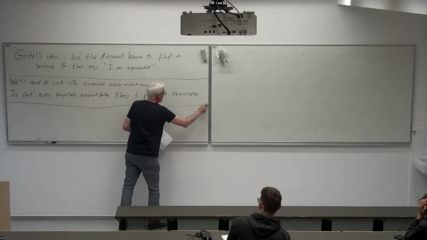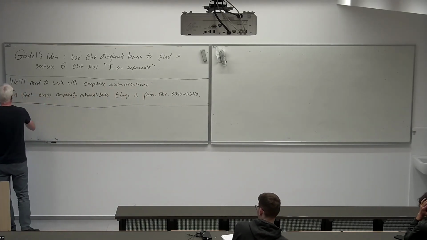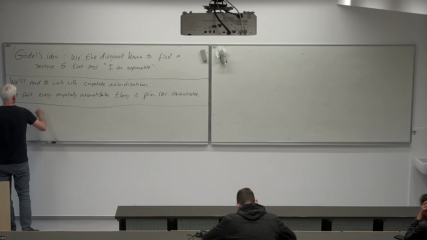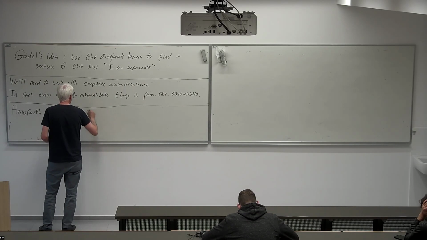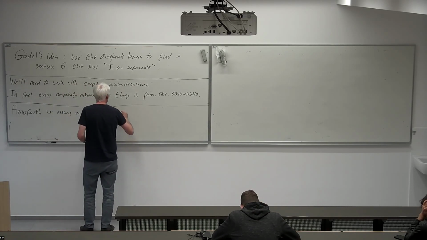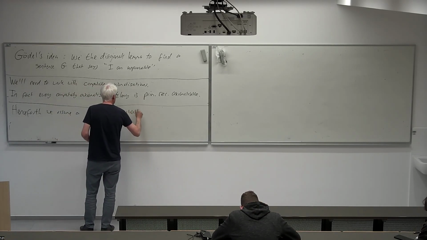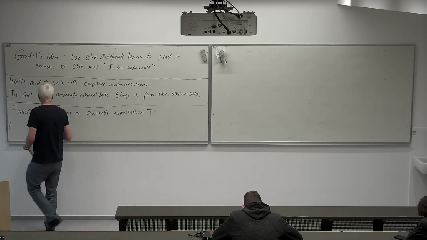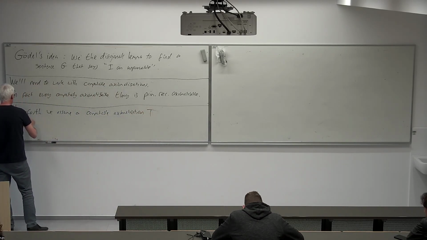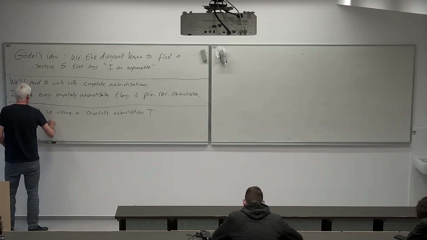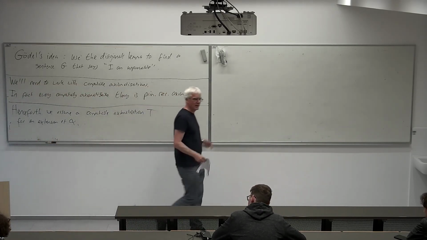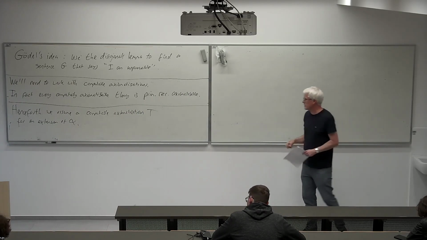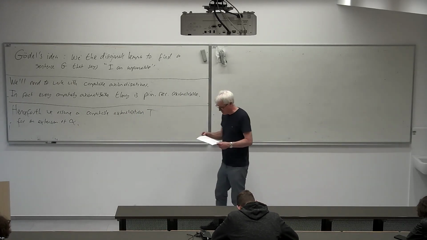Anyway, henceforth we assume a computable axiomatization T, so a computable set of axioms for an extension of Q. The Q axioms are in the axioms of T, but we're allowing some other axioms as well, and we just require them to be a computable set of axioms.